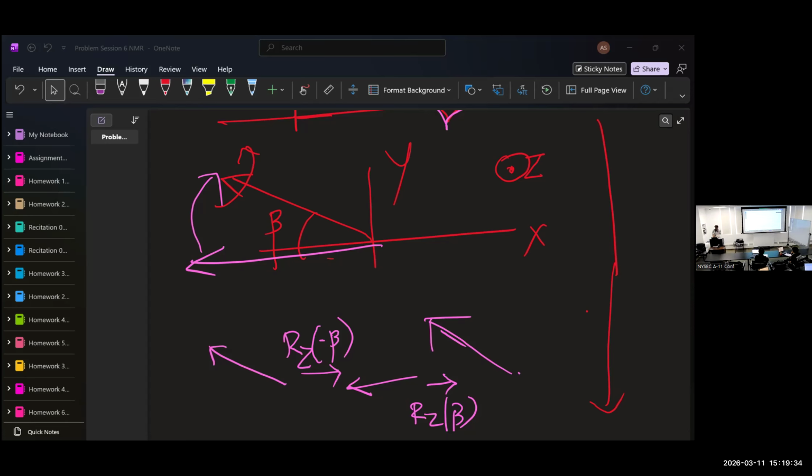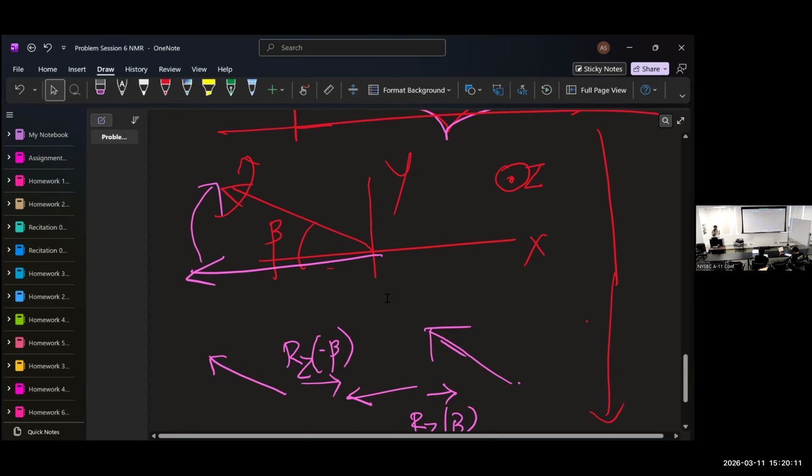Right, because theta is 90, then I land at plus y.